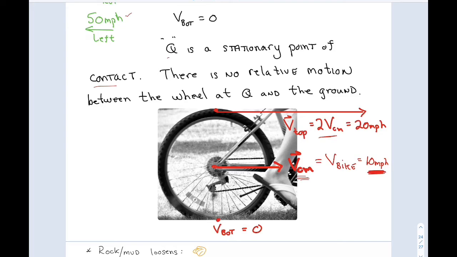If their lunch is in their backpack, that lunch is moving to the right at 10 miles per hour. This little axle right there is moving to the right, that's the center of mass, at 10 miles per hour, but the top of the wheel is moving at 20 miles per hour, because what is the top of the wheel doing that the bike seat is not doing?